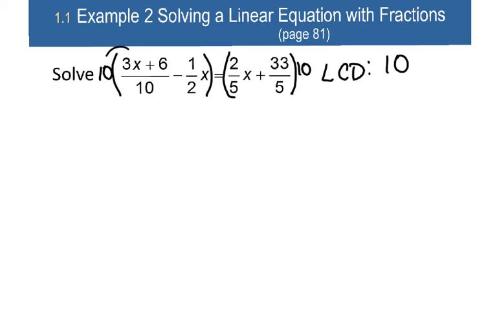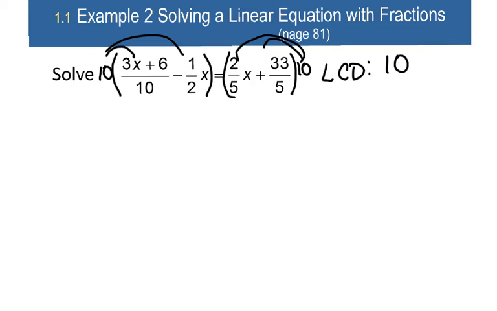and use our distributive property, so distribute that throughout, and then same thing goes here, distribute that 10, and that pretty much gets rid of any fractions that we have in this equation.